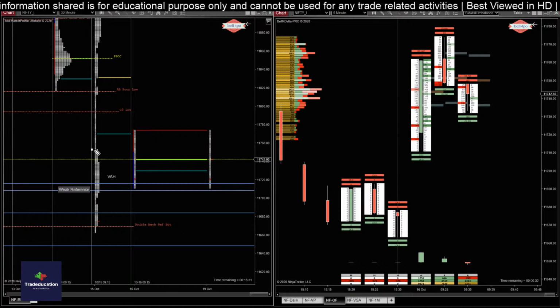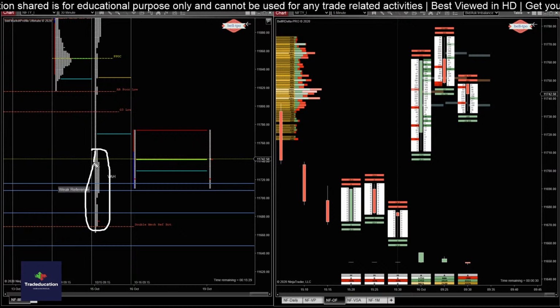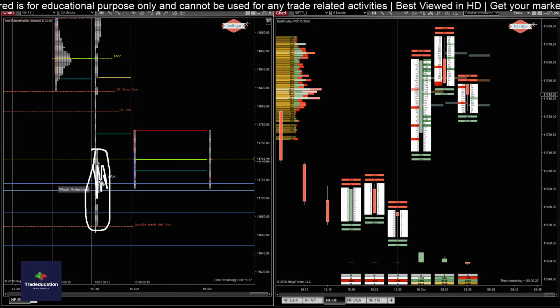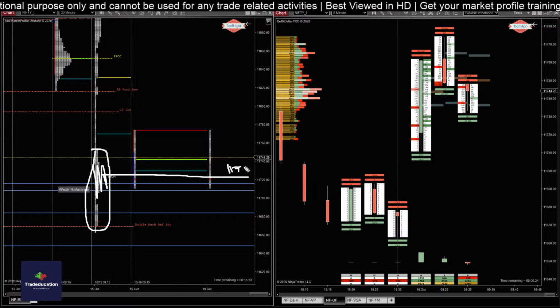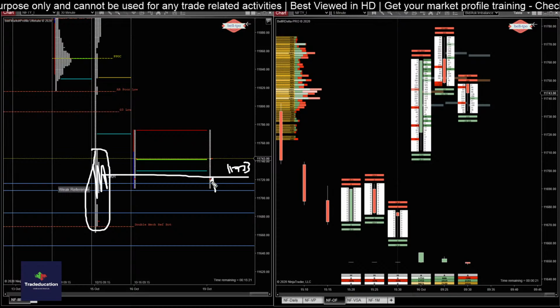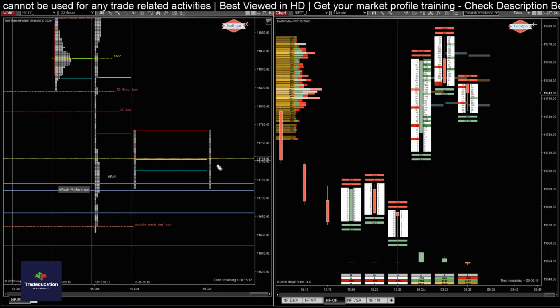The HVN I'm talking of is this balance. There is some balancing activity forming in this zone. So this is that HVN 11,723, and the auction is just developing around it, higher than that.